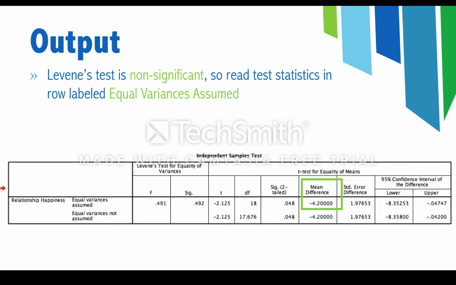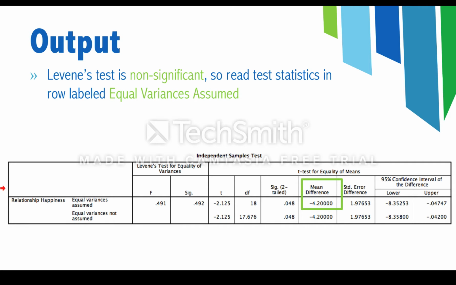So basically it was 20 minus 24.20. That gives us our negative 4.20.